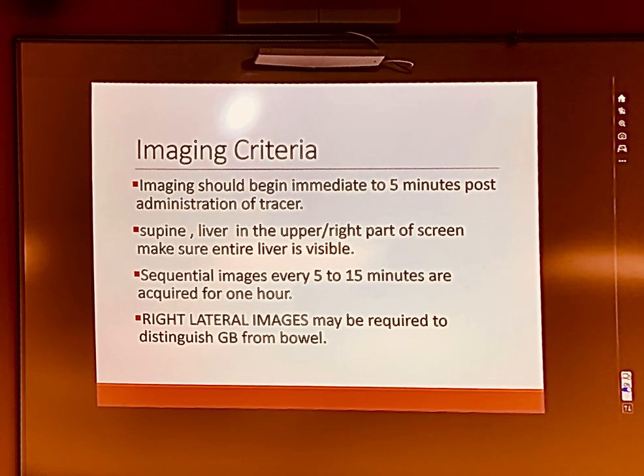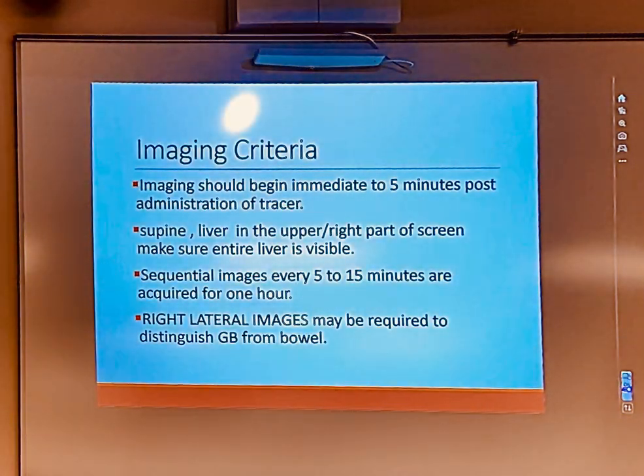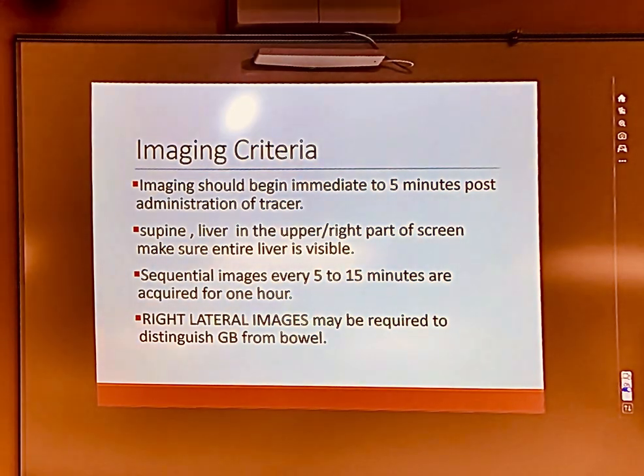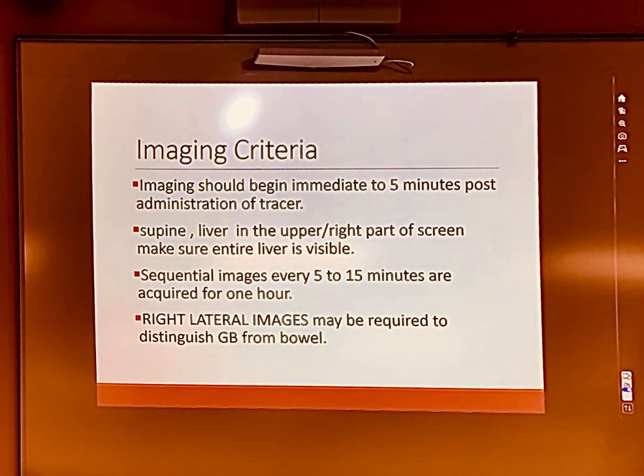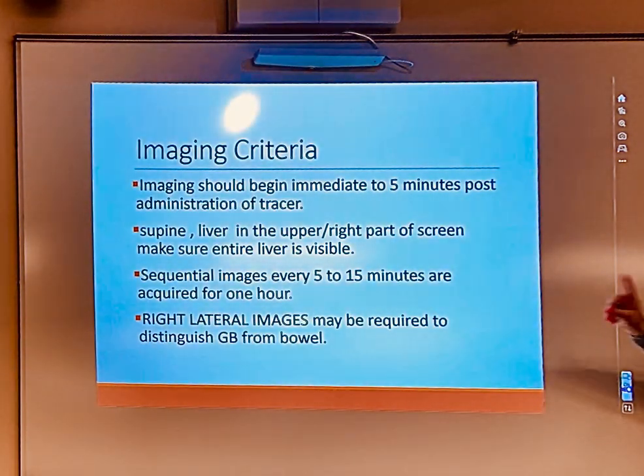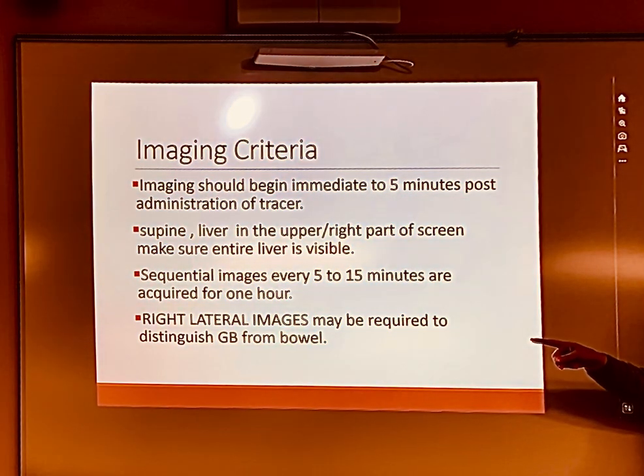Okay. Now, sequential images every 5 to 15 minutes are required for 1 hour, and that is one way to do a HIDA scan. Okay? If you're doing static images, do you see it says sequential, not serial?